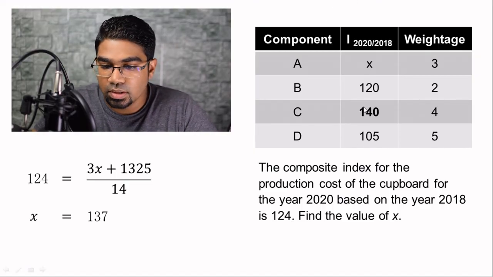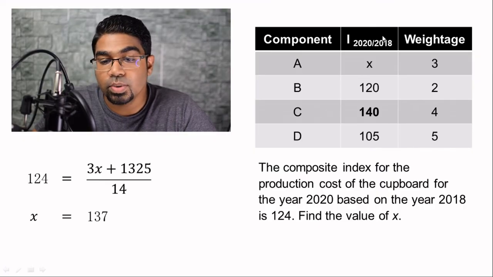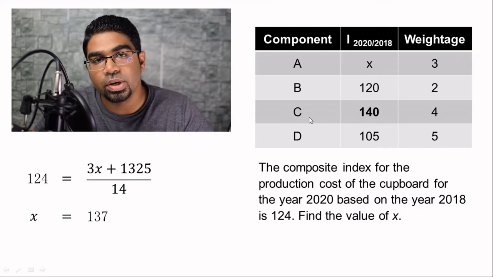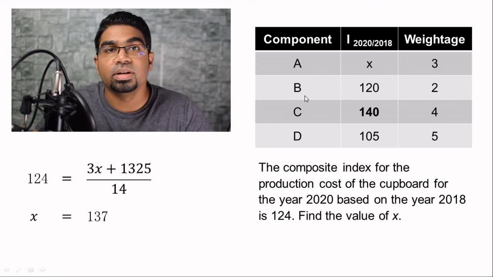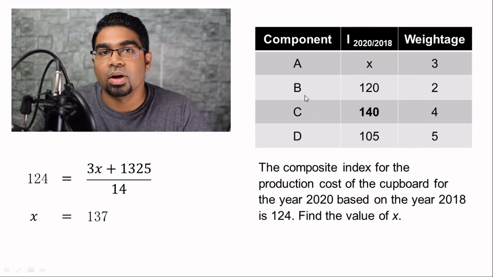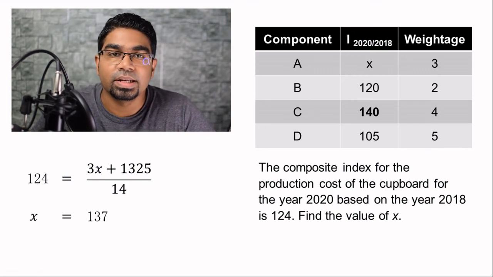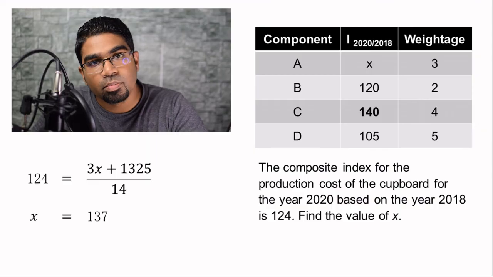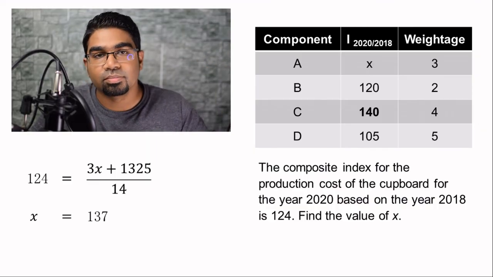For example, the price index of component C is 140 in 2020 based on 2018. This means that the price of component C has gone up by 40% in 2020 based on the year 2018. Now, if the value was less than 100, let's say it was 95, that would mean that the price had gone down by 5% in that year based on the previous year.